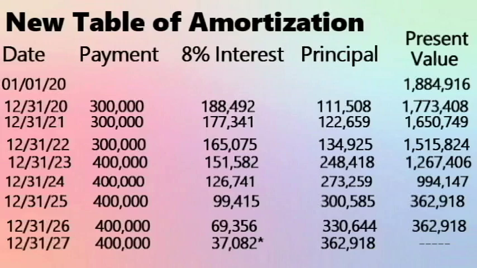So, kagaya lang din to ng pag-prepare natin ng table of amortization sa mga naunang problem. So, as of January 1, 2020, mapapansin natin na ang present value nung January 1, 2020 is yung na-compute natin kanina na lease liability na 1,884,916.